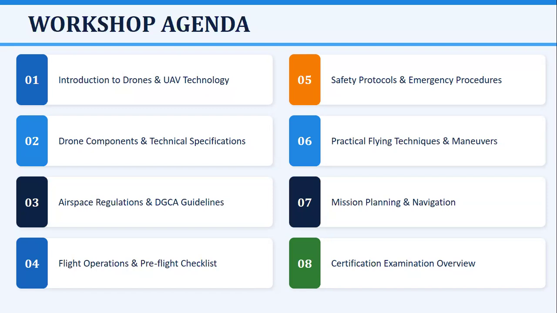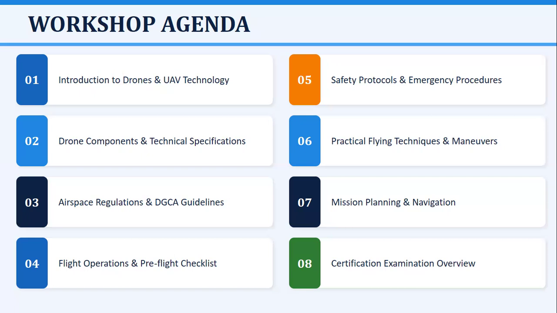We will then focus on safety protocols, practical flying techniques, mission planning, and finally, the certification examination process. By the end of this workshop, the participants will have a strong foundation for becoming certified drone pilots. So these are today's workshop agenda. We will discuss one after the other in a sequential flow pattern.